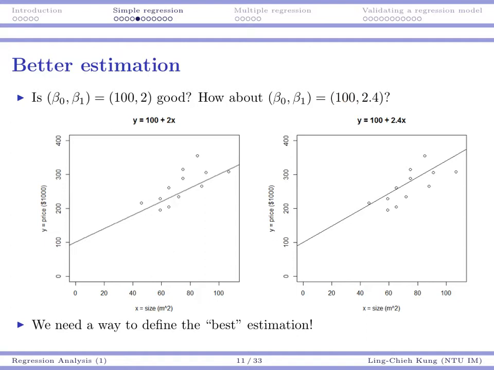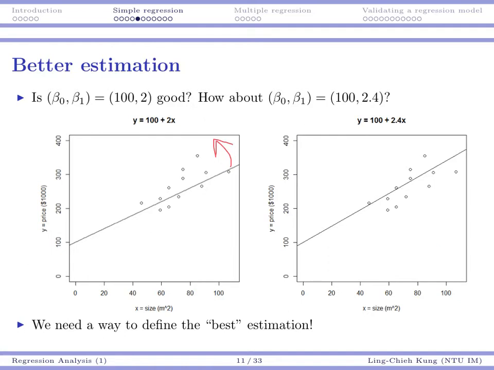So how about this? We are allowed to choose these estimations as 102.4. Okay, in that case, this line will shift counterclockwise, and then we get this line. Now we can try to compare whether this one is more precise than that one.